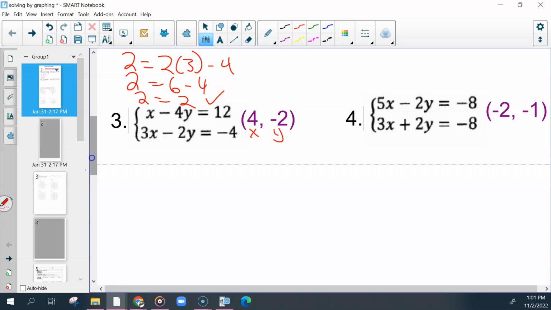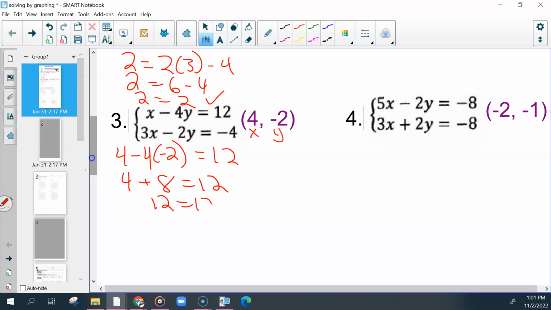We're not going to solve this or anything. Rearrange is what I mean. So I would put these in for x and y exactly how it's written. So this would become 4. This would become a positive 8. And 4 plus 8 is 12.